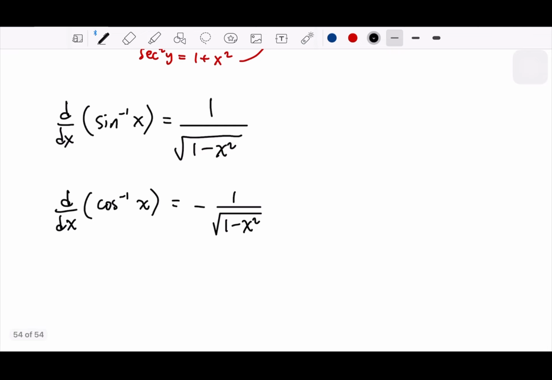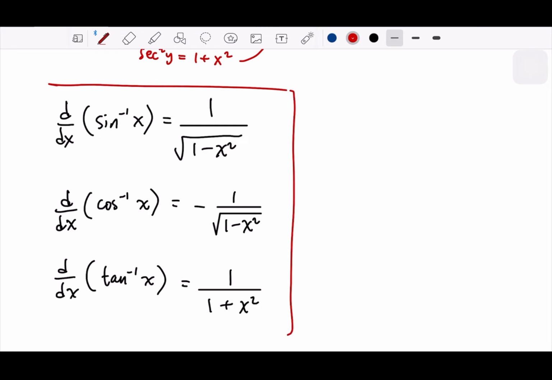Cos inverse is just the negative of this sine inverse, right? Okay. Because they are always complements. I think just these 3 should be okay.